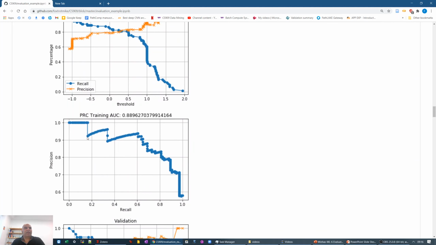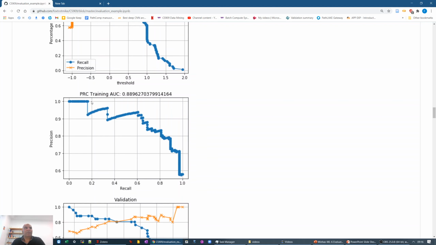And then you can get a precision recall curve in which the recall is on the x-axis, which is the true positive rate, and on the y-axis you've got precision. The area under the precision recall curve for this classifier over the training data set is 0.89.